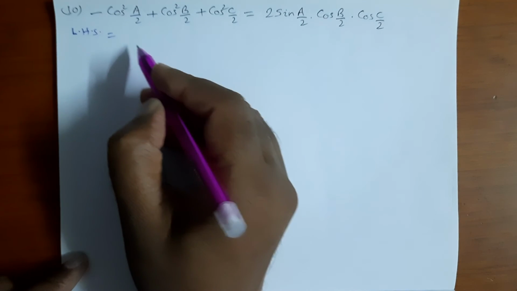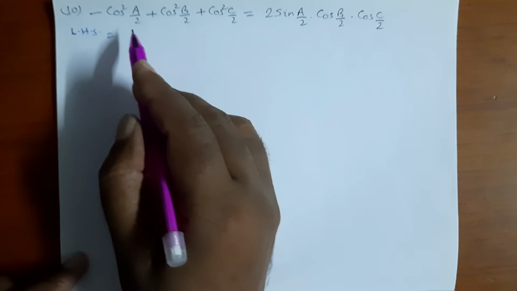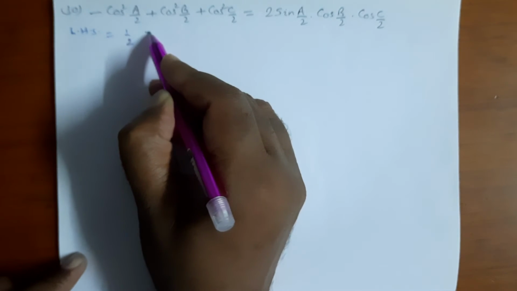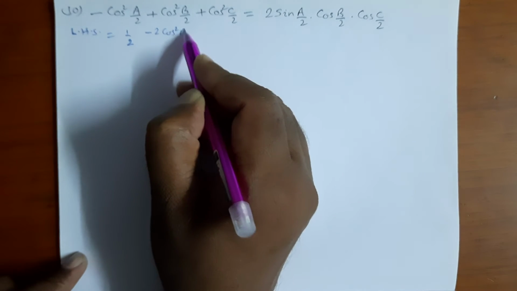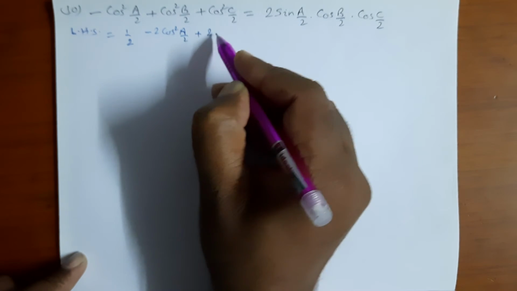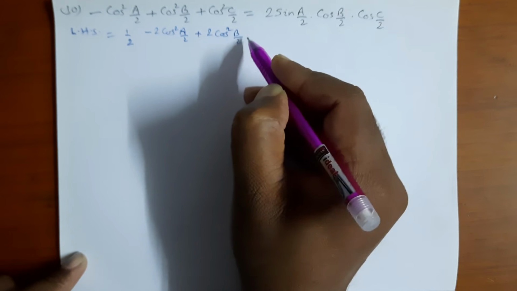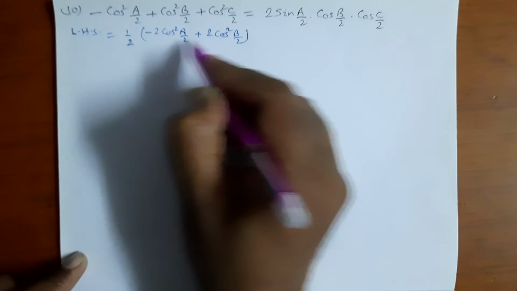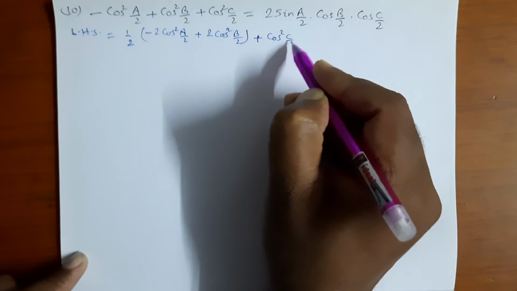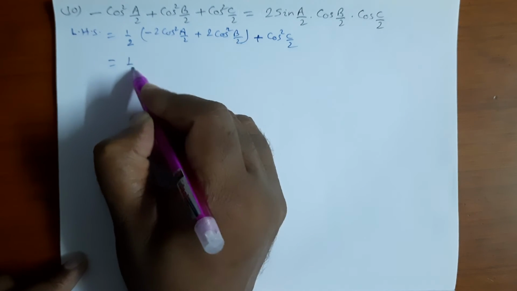Left hand side equals, here to use 2 cos square (theta/2), we can multiply numerator and denominator by 2. 1 over 2 we can write here, minus 2 cos square a/2 plus 2 cos square b/2 plus cos square c/2.